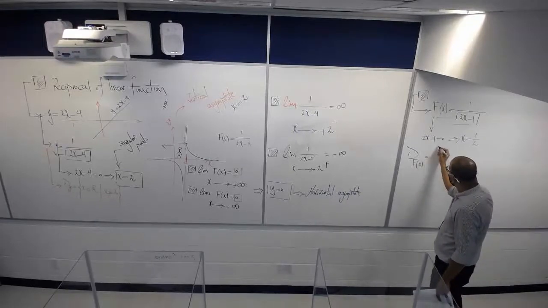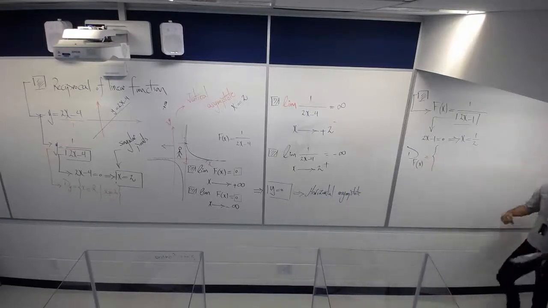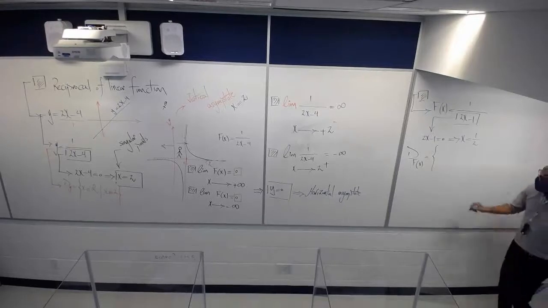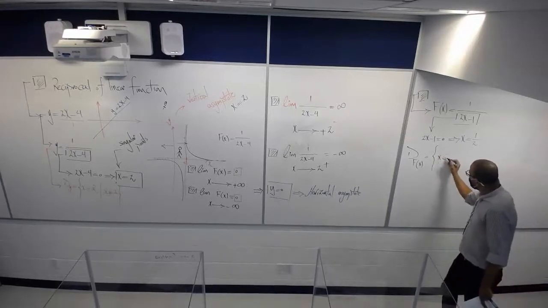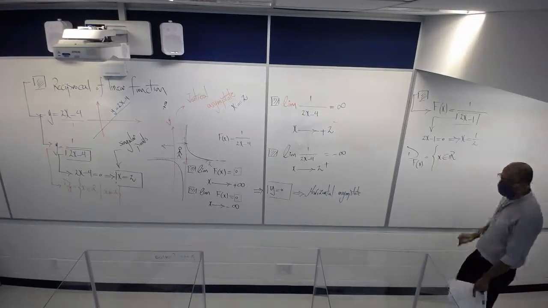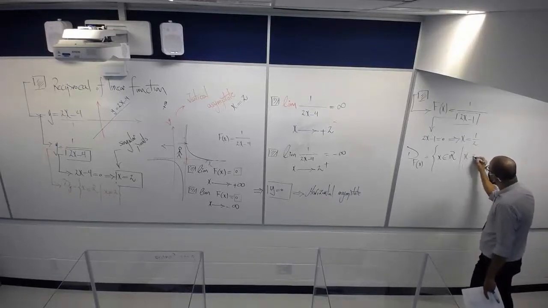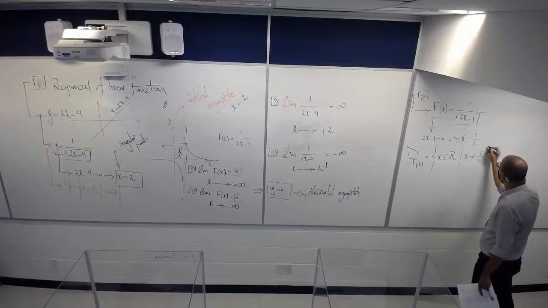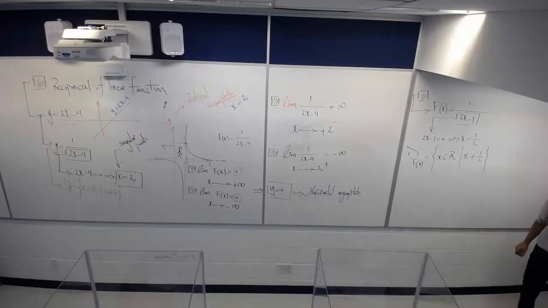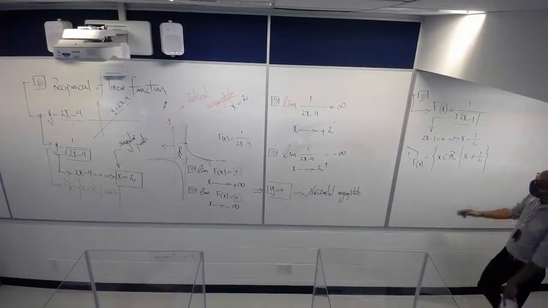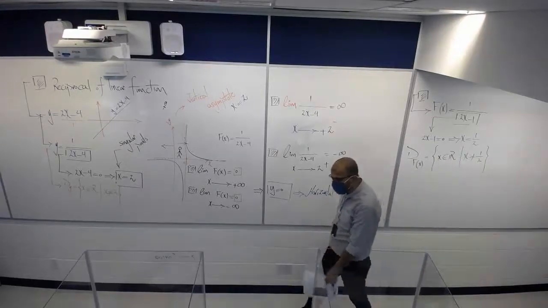I introduce a set of numbers, which means that x is always a real number. However, I know that x should not be equal to 1 over 2, because if this is 1 over 2, it sets the whole building on fire. And that's how I define the domain of this.